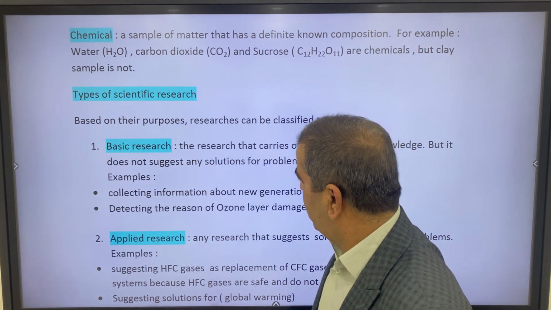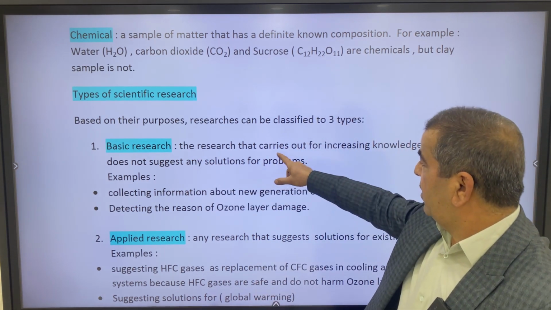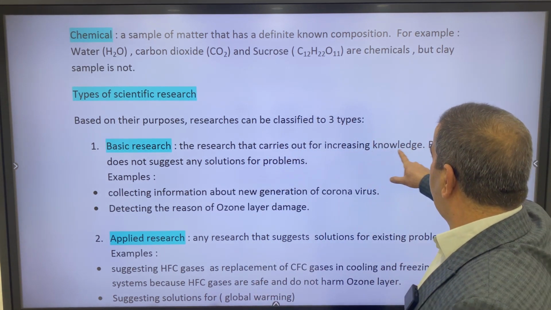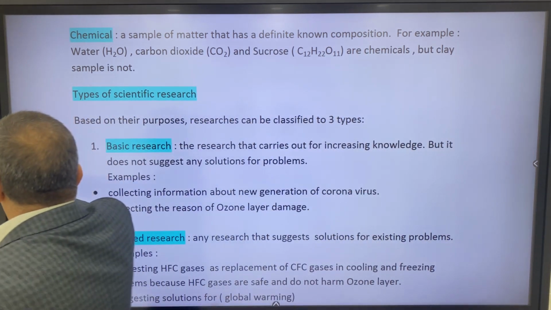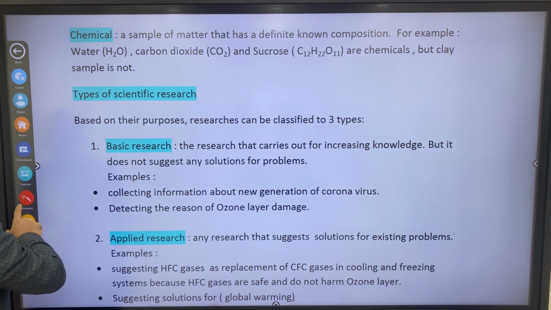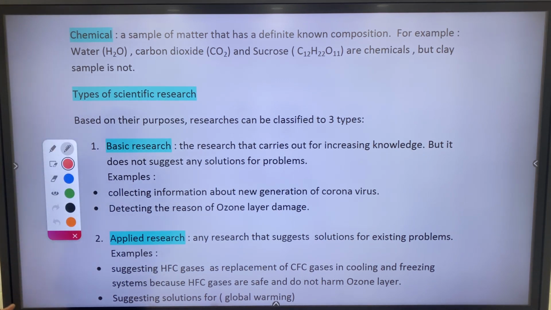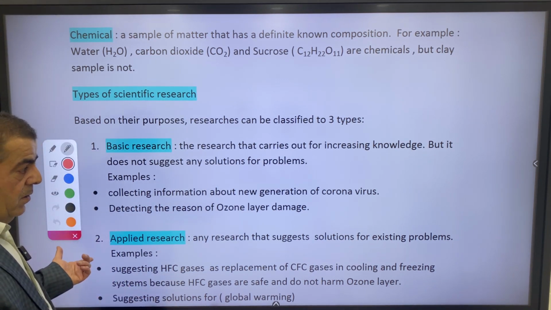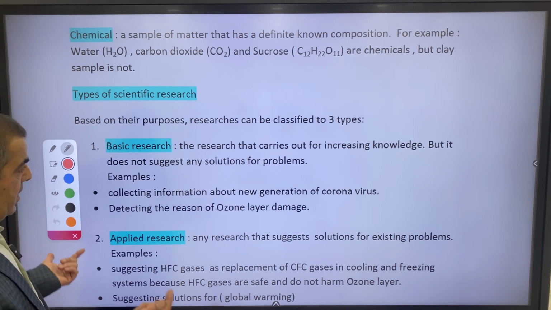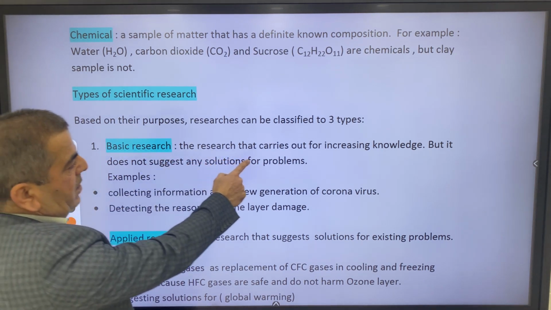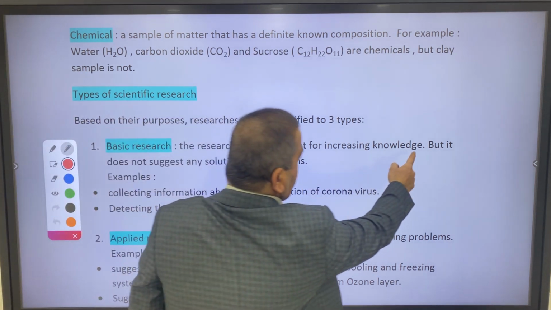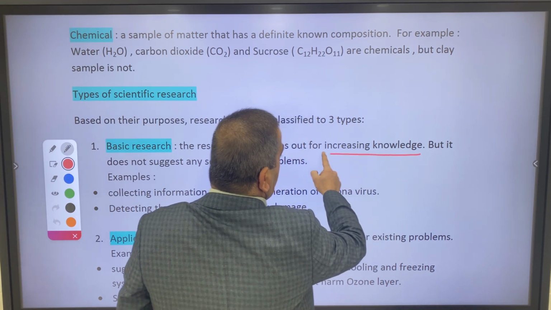Basic research is research that is carried out for increasing knowledge, which means you only collect what? You only collect information about a new substance, about a new phenomenon, about a problem, about a new disease. So basic research is research that is carried out for increasing what? Increasing knowledge.